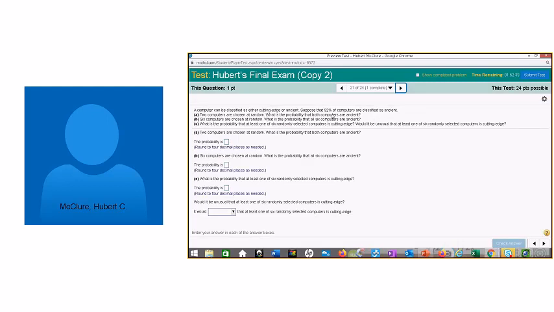Okay, this is a computer can be classified as either cutting edge or ancient. That's pretty true. Suppose that 92% of computers are classified as ancient. That means that 8% is classified as not ancient. Okay? 2 computers are chosen at random. What is the probability that both computers are ancient?